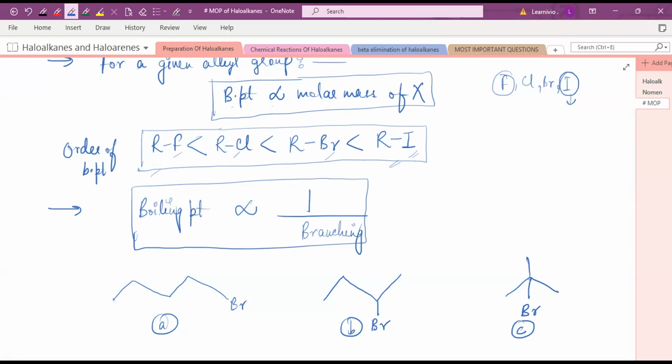More the branching, less the boiling point and vice versa. So this one will have the lowest boiling point, and the highest boiling point is here, because there is no branching. This is a straight chain, bromobutane, so it has the maximum boiling point. Got it?